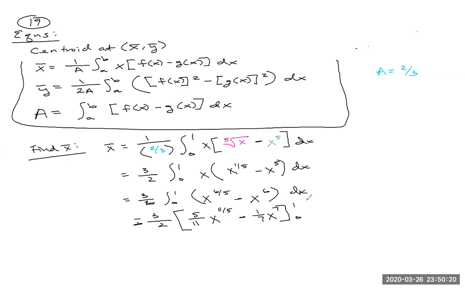That's from 0 to 1. And then, of course, plug in and fiddle around with the fractions. You're going to get 36 out of 77, which comes out to about 0.47.